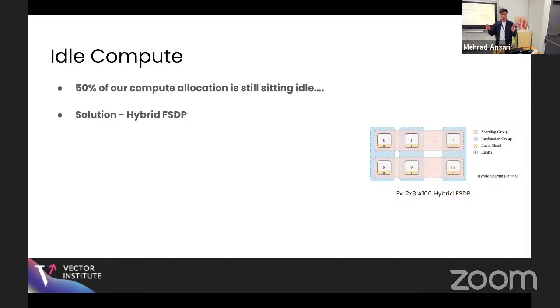With two nodes, we can have FSDP happening in both nodes, so all that communication happens over super fast connectivity of 300 gigabytes per second. But we average the weights over the slower interconnect, which is 6 Gbps. This way, we reduce the volume of communication happening over the slow interconnect with this hybrid solution.